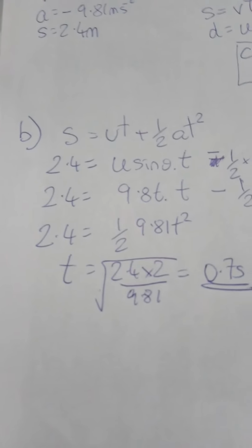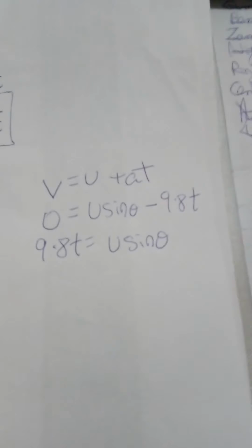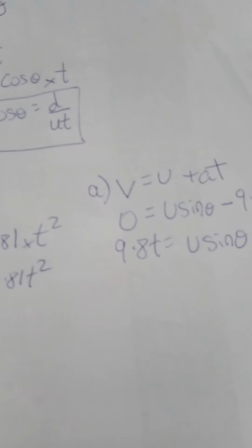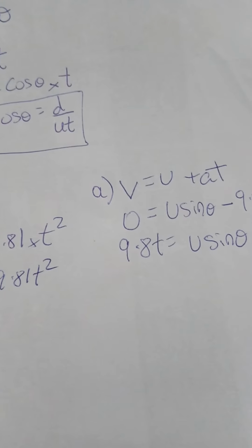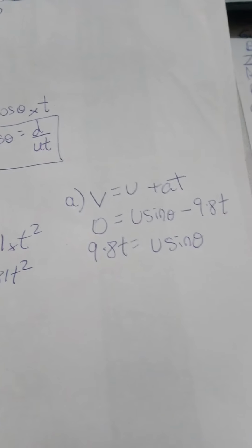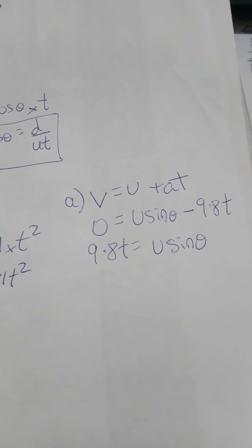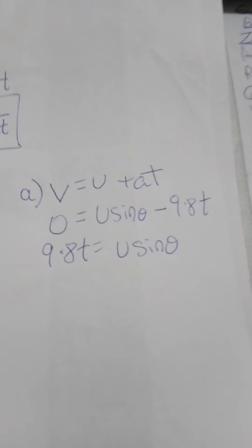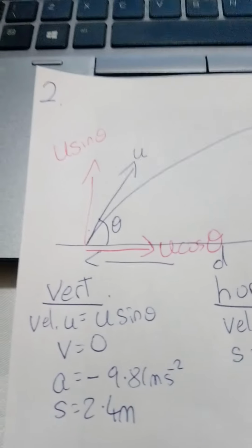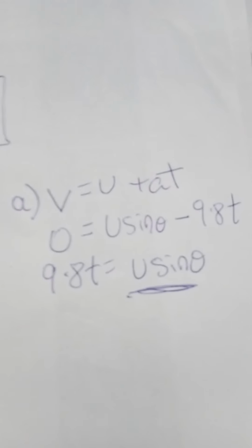To work out part A, now I can go to this part here, which I need. What I need to find is u sine theta. u sine theta is the vertical velocity going upwards. That is equal to 9.81 t.